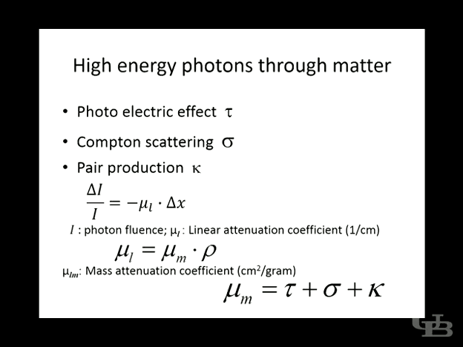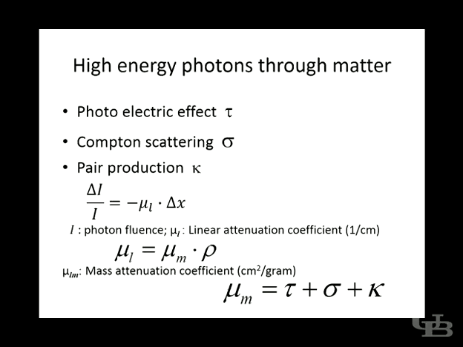This material will create interactions with the photons, either absorb or scatter them. Therefore, the photons coming out from the other side of this material will be fewer, so the change is delta I. Maybe 90 come out, so delta I will be -10.